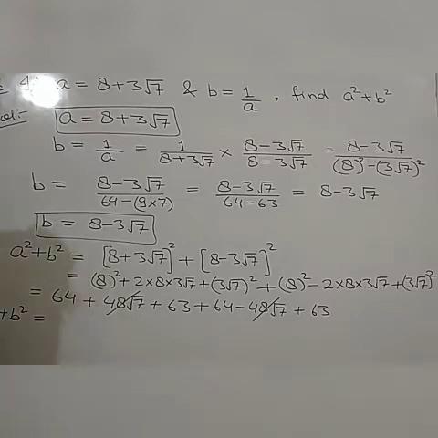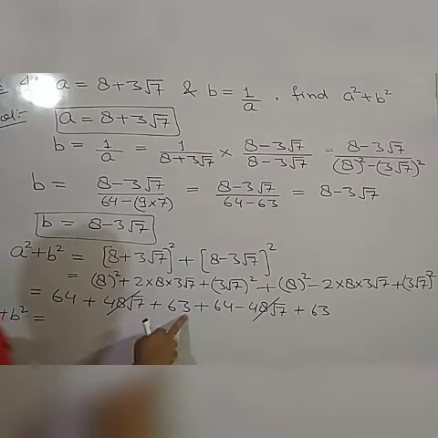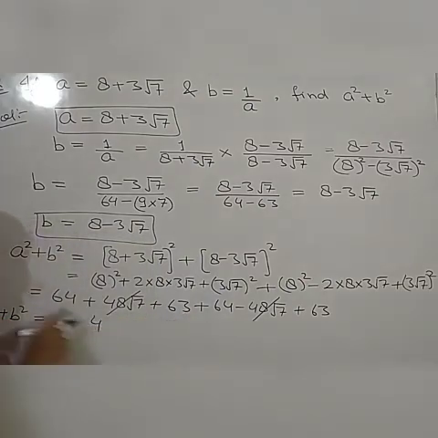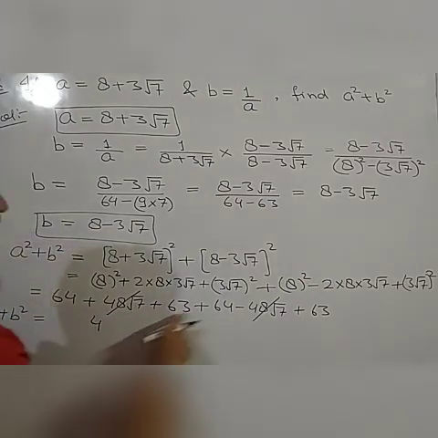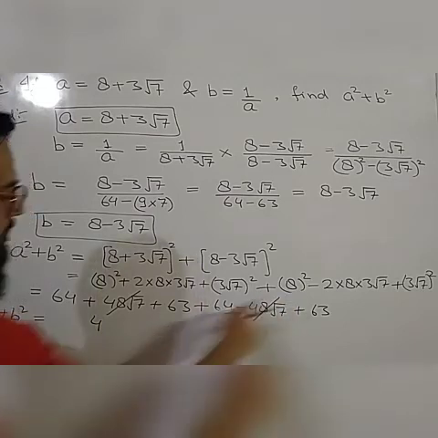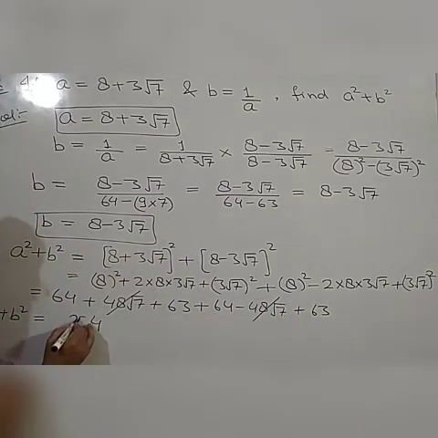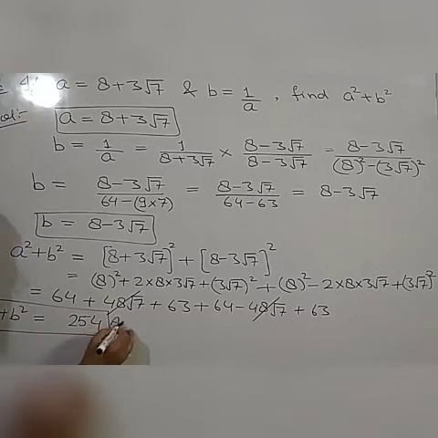So the answer will be 3 plus 4 7, 3 10, 4 14, carry 1, 6 1 7, 6 13, 6 19, 6 25. So the answer will be 254. It is our answer 254. The value of a square plus b square is 254.